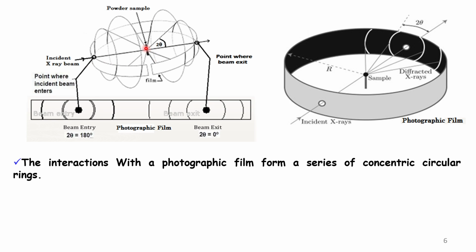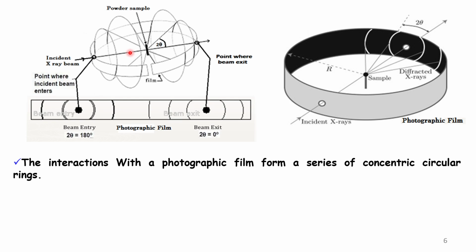From this side we can see the formation of cones, and these cones are due to the diffraction. But to this side there is also the formation of cones, and these cones are due to the reflection.